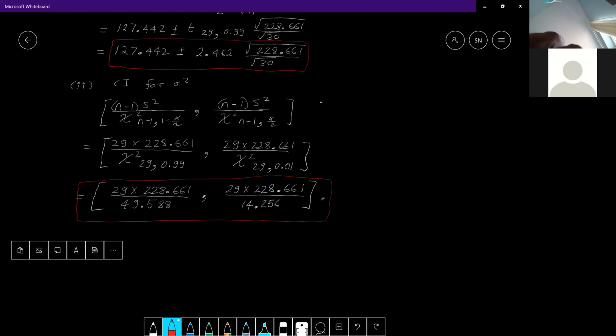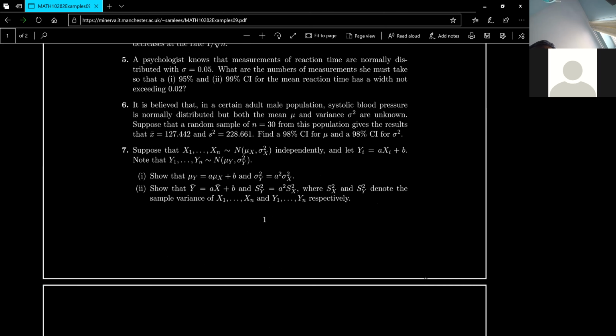Let me close this and open the share screen. Okay, so this is example 7. I hope you can see it. It's not difficult really. Can you try and see if you can do it?